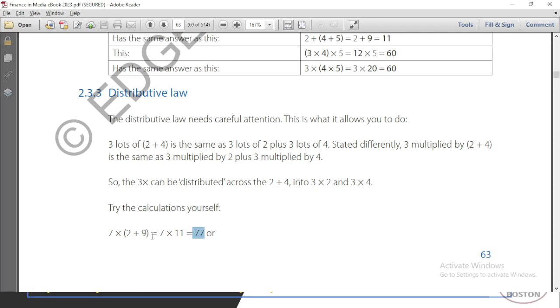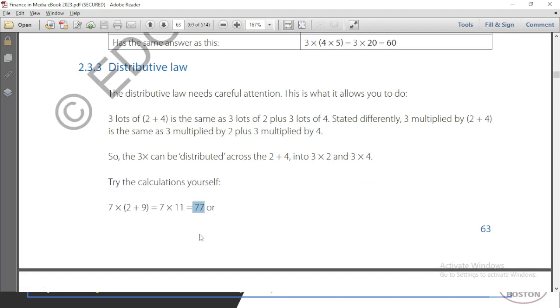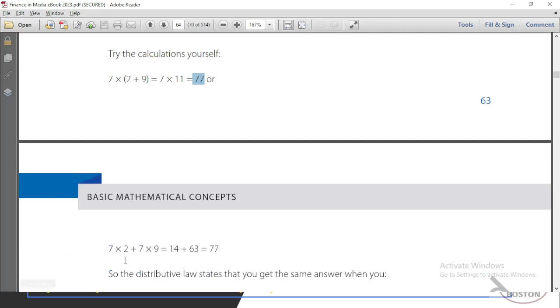So this is the same as saying 7 multiplied by 2 giving us 14, and then 7 multiplied by 9 giving us 63. So 63 plus 14 gives us 77. This is also shown here to say that this is how you can perform this activity.